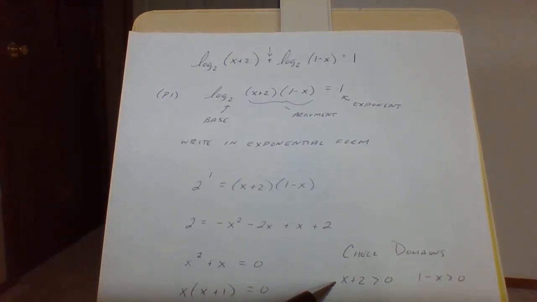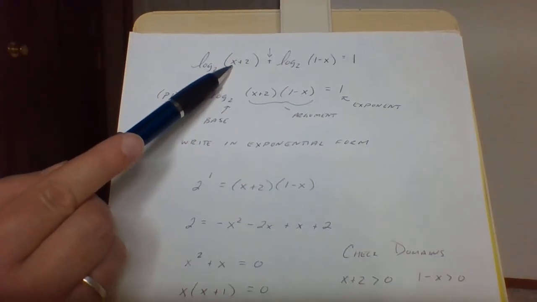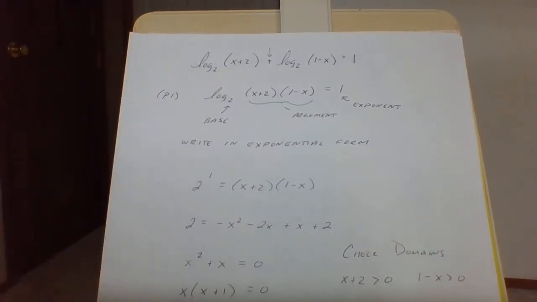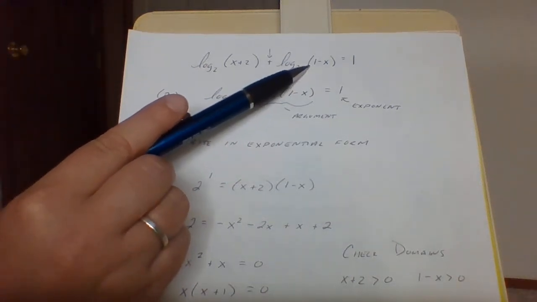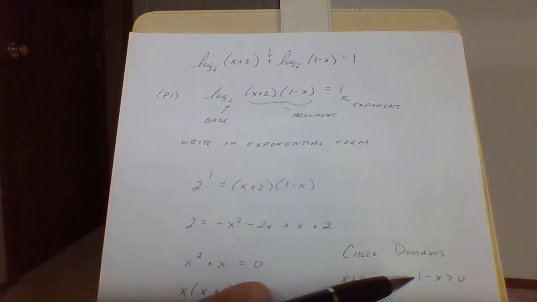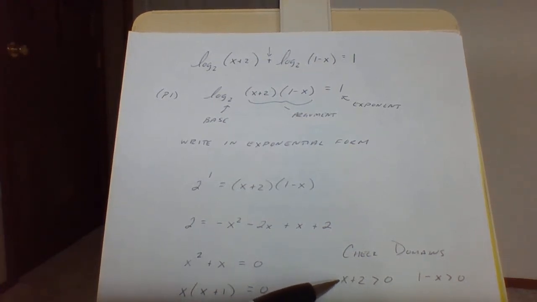My x plus 2, that came from right here, has to be greater than 0, and the other argument was this 1 minus x. That piece also has to be greater than 0. And I'm going to solve each of those inequalities for x. So in this first one, all I have to do is subtract the 2 from both sides. And I'm going to end up with x is greater than negative 2.